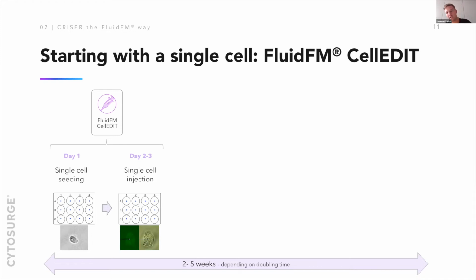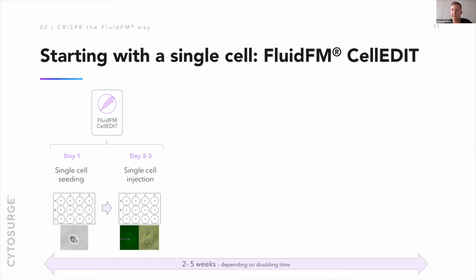Now we turned around the entire process and we actually start from monoclonal cells, which means that we take a 12-24 well plate and we just put a cell in the middle of each of these wells. And then these are going to be the cell lines at the end. Then what we have to do is to edit them, which is a simple injection. Now this injection, of course, has a certain probability to make the edit, not 100%.